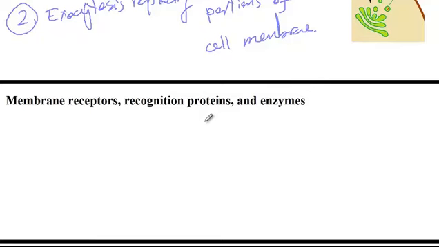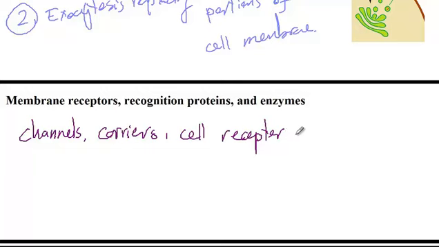The next concept, I would like to again reiterate how proteins can have different functions. So we've already discussed how proteins can act as channels, they can act as carrier proteins, but they could also act as cell receptors or cell recognition sites, in addition to acting as an enzyme.